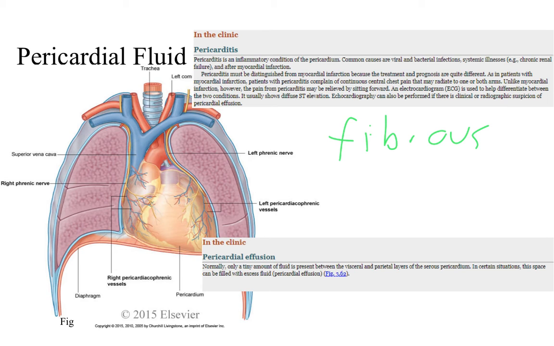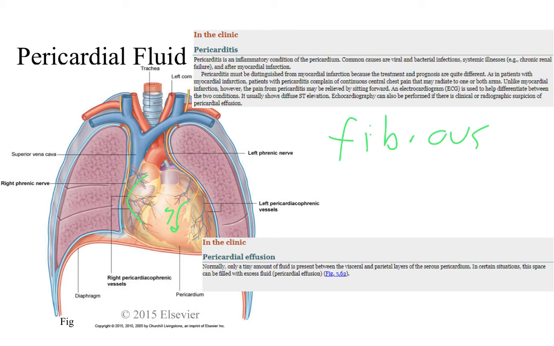So if we have fluid building up within this pericardial sac, it's not going to bulge outward too much, but it's going to push the heart inward. And if it's pushing in on the muscular structure of the heart, that heart's not going to be able to contract as efficiently.